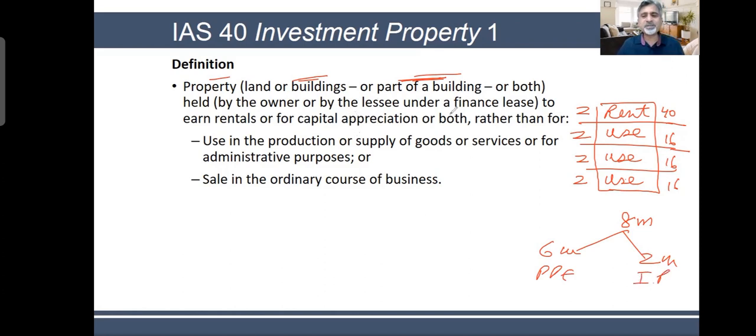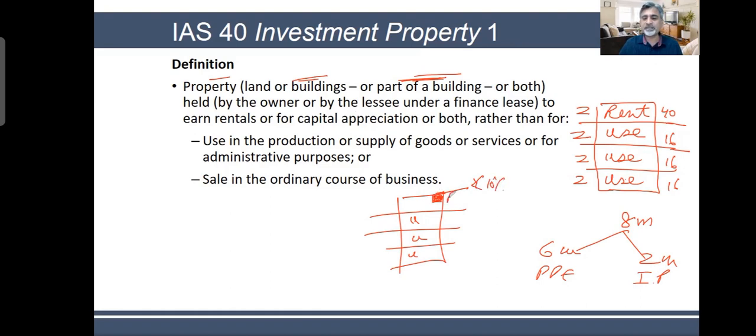It is also possible that in that building, all floors are in your usage, and only one very small part is on rent, insignificant. Insignificant means it is less than 10%.